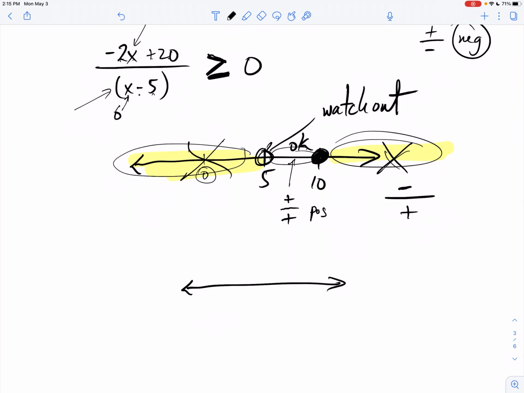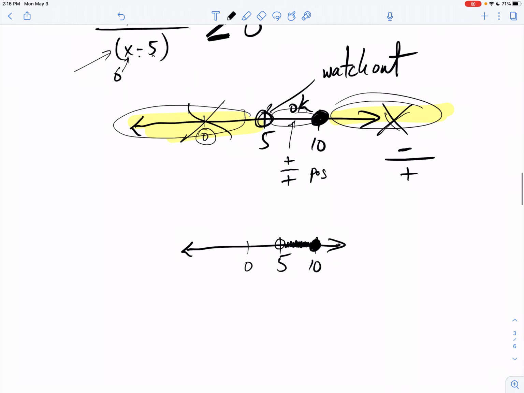So here's my number line. Here's 0. Here's 5. Here's 10. But remember, this one is still an open circle. That one is still a closed circle. It'd be the information between them. That would be a number line solution. In the bottom, you can never have 0. So that's why rational stuff has some weird, wacky, wild things that can happen to it.